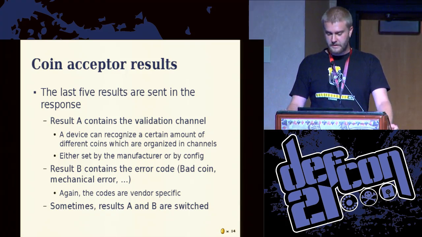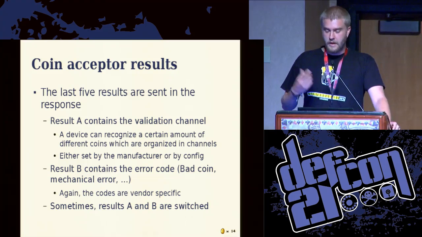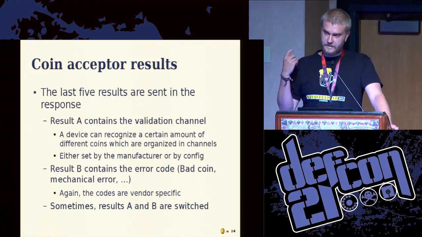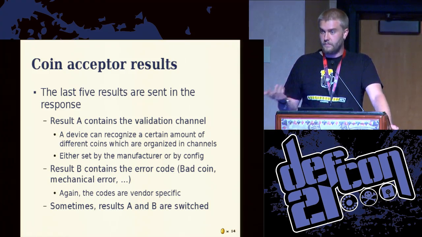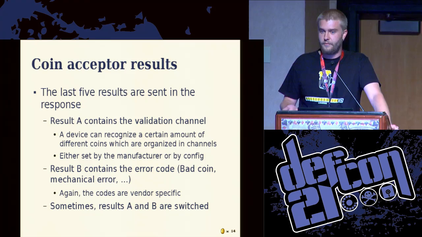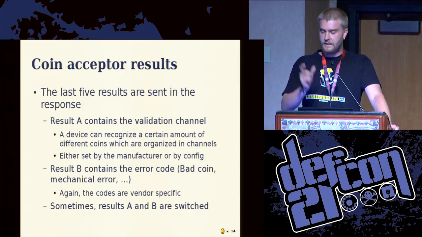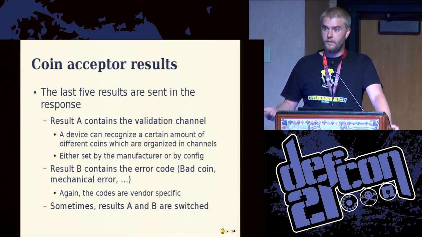Each one of these is assigned an ID, and it's that ID that is sent in the response. There's a nice trick there: the coin acceptor only knows an ID. It doesn't know which kind of coin it is or its value. The main board needs to correlate the ID with the actual value of the coin that has been inserted. We'll check that after.